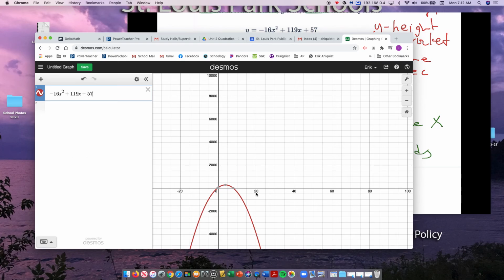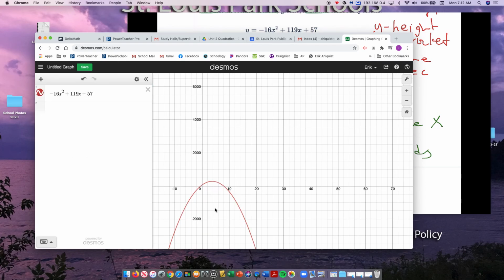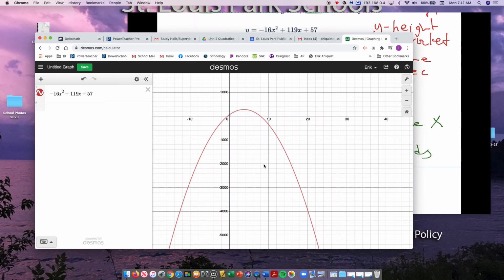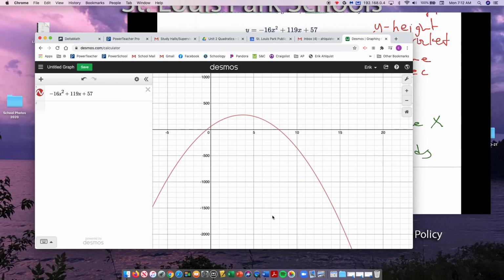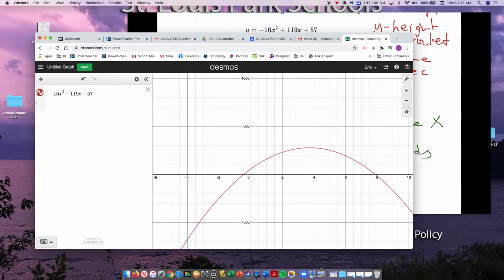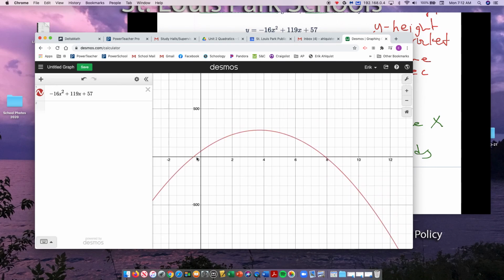Now I'm going to zoom in a little bit to kind of get an idea of what this parabola looks like and see how this rocket is. But there's my rocket. My rocket starts, looks like it's starting from a launching pad. Notice that it's a little higher than the ground. If you think about this being the height right up here, the rocket goes up, reaches a maximum height right there.